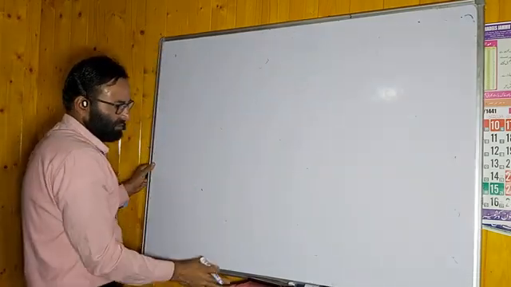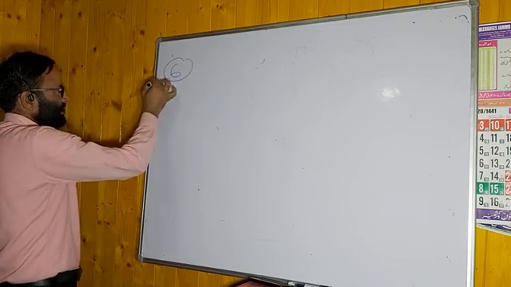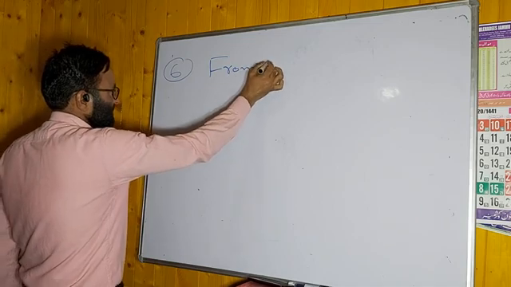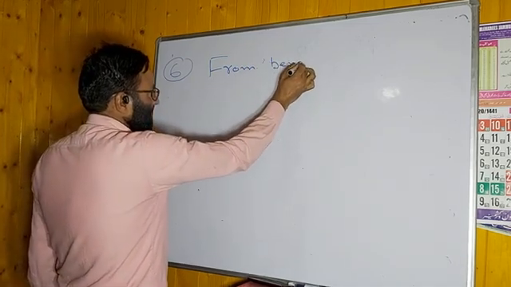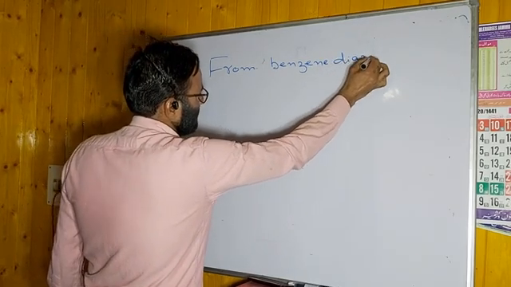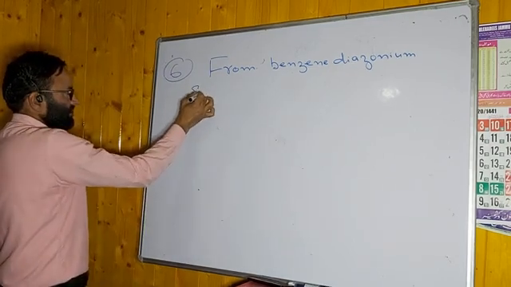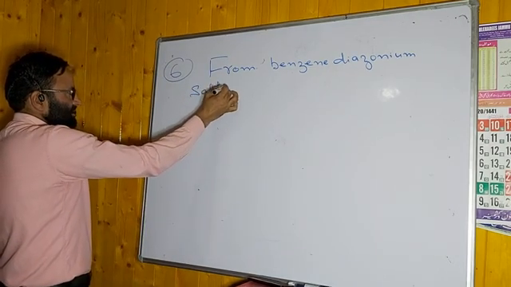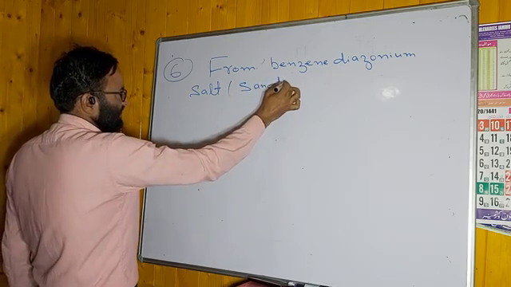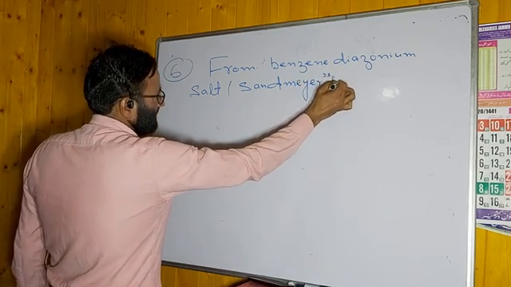Now we have to discuss the 6th method for the preparation of cyanides, that is from benzene diazonium salt. We have discussed it so many times. The name of this reaction is Sandmeyer reaction.